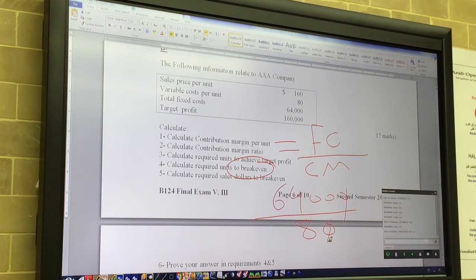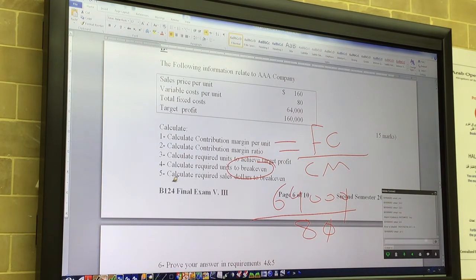So 6,400 divided by 8 will be 800 units. You will write 800 units. Without the word unit you will lose marks. If we ask you by units, 800 units. If we ask you by dollars, you will put it as dollars.